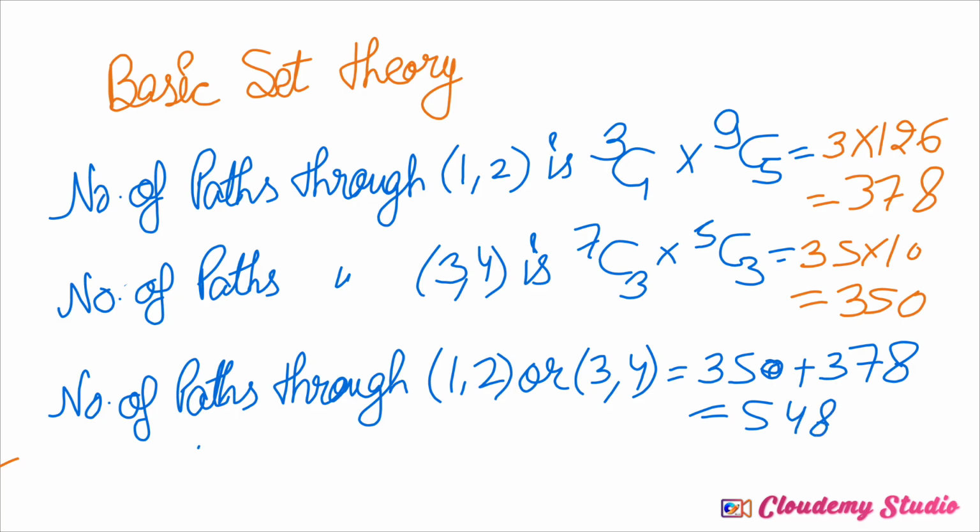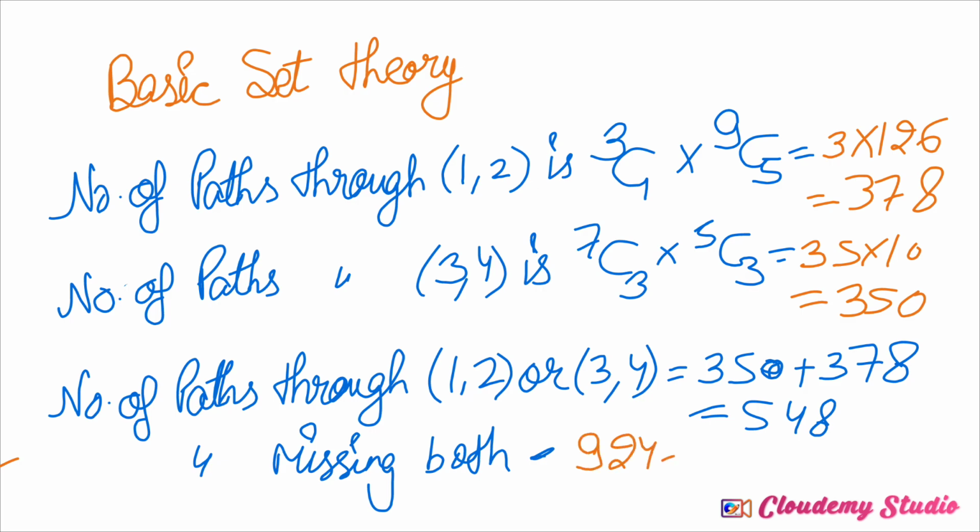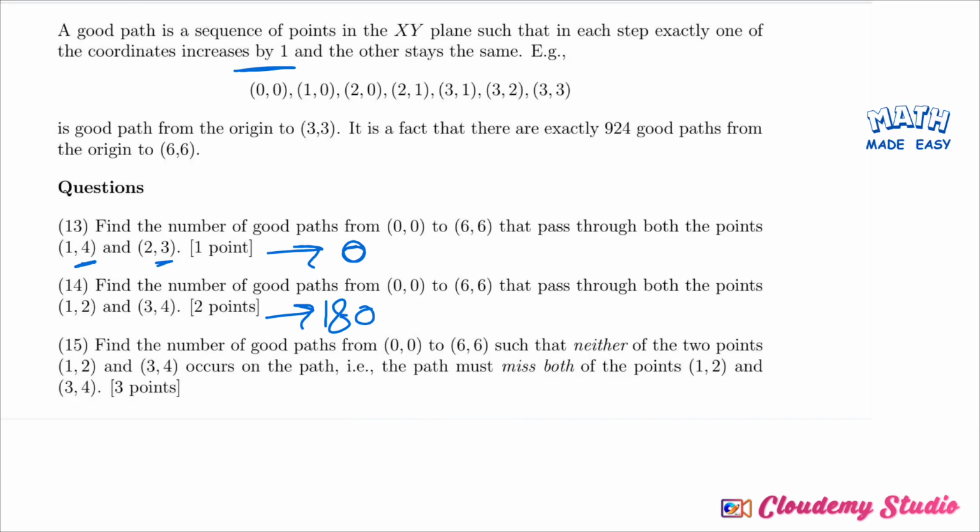So for the number of paths missing, we have to miss these points. Missing both points, it is 924 minus 548, which is 376. So 376 is the answer. So I hope you like it.